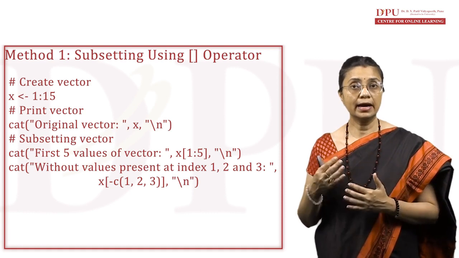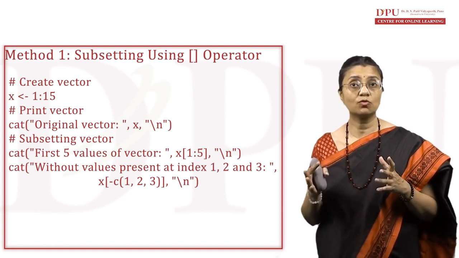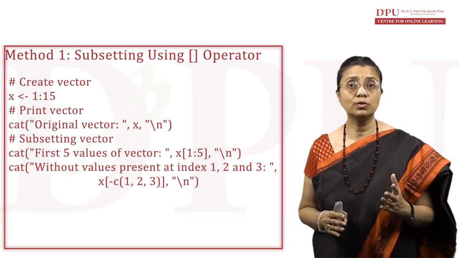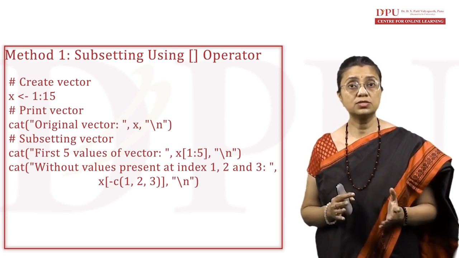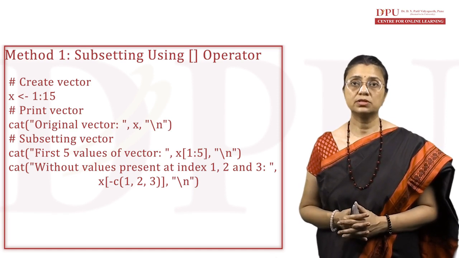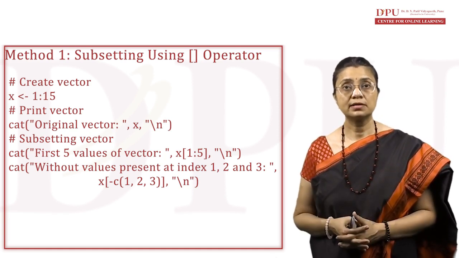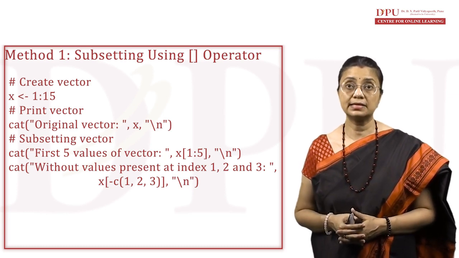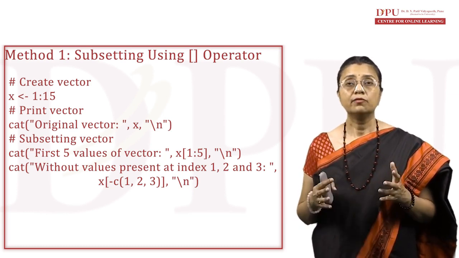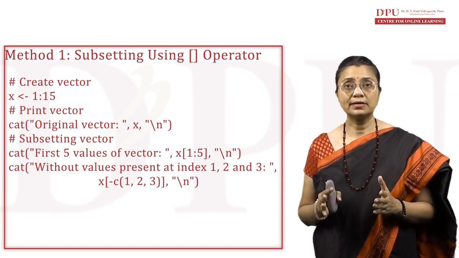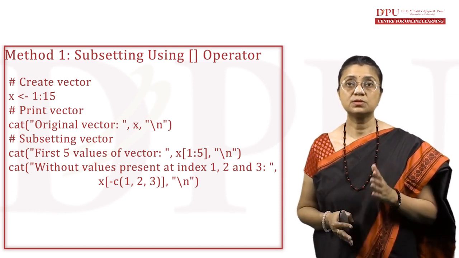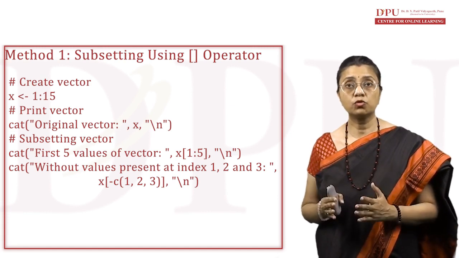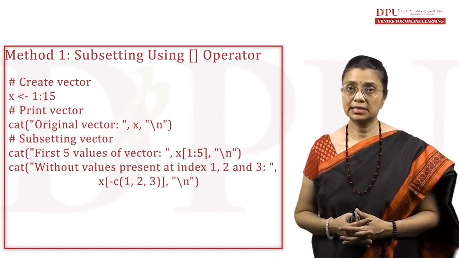Basically I am suppressing the values at 1, 2 and 3, and from 1 to 15, removing the first three locations, I want to print the rest of the values on the screen. You can see that in the last cat line we have written without values present at index 1, 2, 3, we write x square brackets, and within the square brackets we write minus c, and within the brackets 1, 2, 3, which means the 3 indexes.